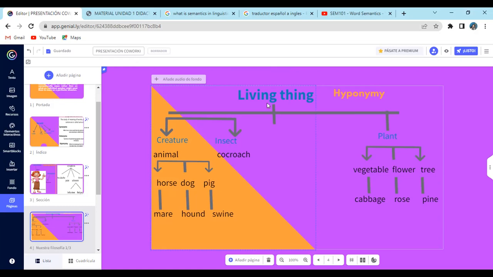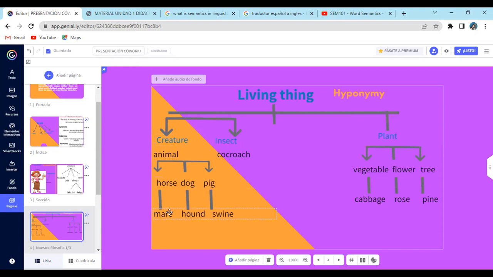We have here living thing. So this is the word. But we have creature, and I add animal. I'm going to describe animal. And I put here horse because it is an animal. Dog, pig. And I put mare, hound, swine.